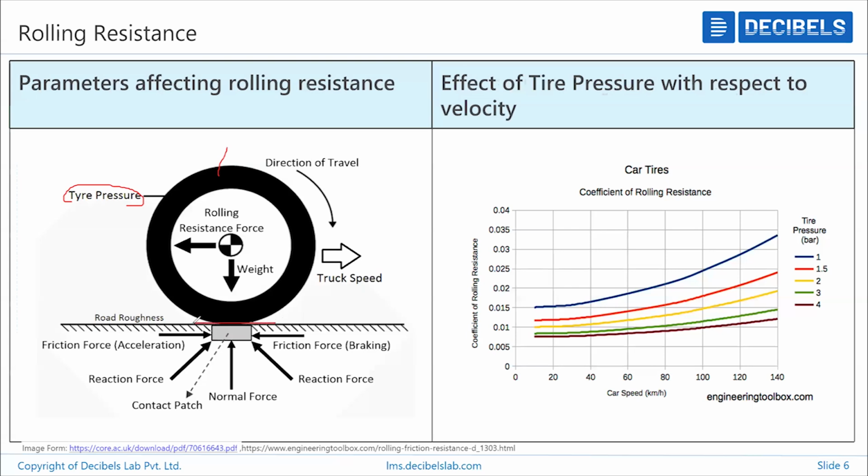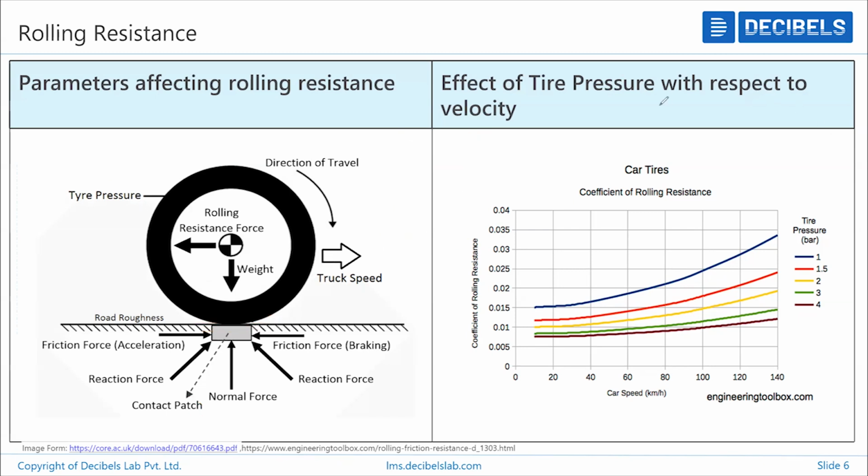And here the important one is the contact patch. If the width of the tire is higher, there is more contact patch, and more contact patch means more friction force. So designing our tire also matters a lot.